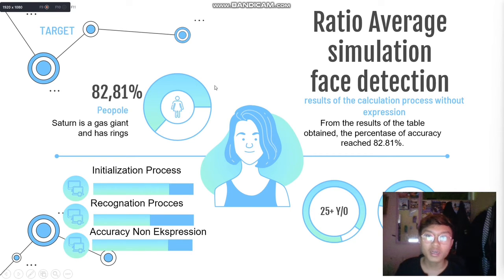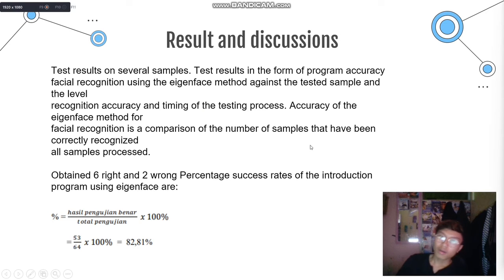In these people, the result of the calculation process without expression: from the result of the table obtained, the percentage of the accuracy ratio is 82%, for the initialization process and recognition process accuracy without expression.